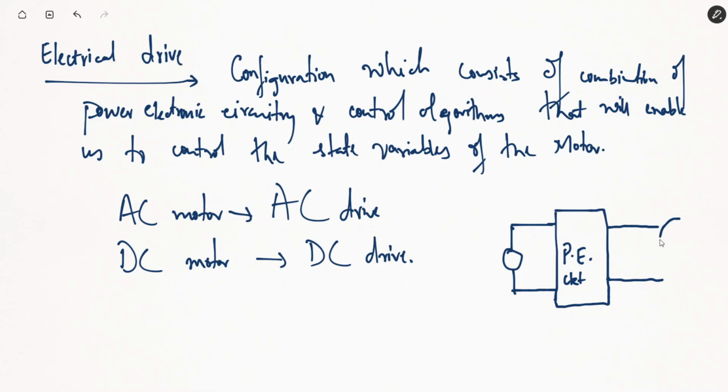Now, accordingly, if it's a three-phase AC motor or a DC motor, there'll be phase lines from the power electronic circuitry. Accordingly, it may be an inverter, a rectifier, a chopper, or a cycloconverter. It can be any power electronic device that we have already studied.